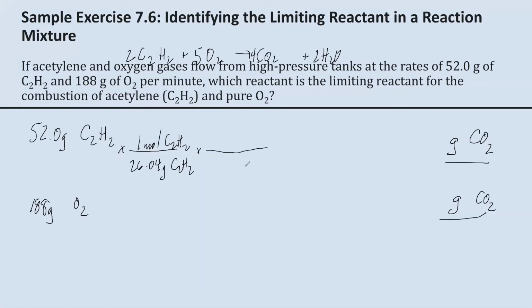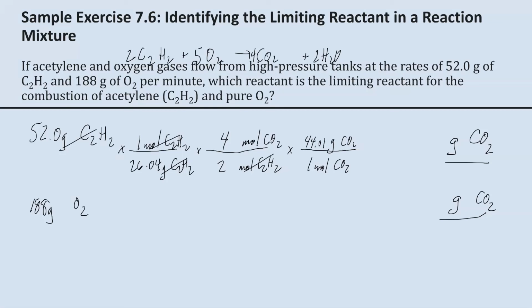And then we're going to go from moles of acetylene to moles of carbon dioxide. The ratio there is 4 to 2. And then finally, from moles of carbon dioxide to grams, carbon is 12.01. Each oxygen is 16. There are 2 of them. 44.01 grams in a mole.